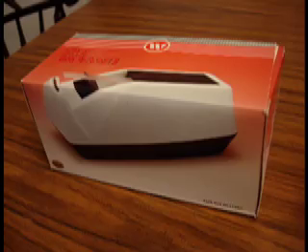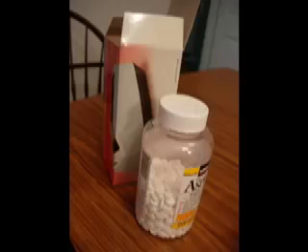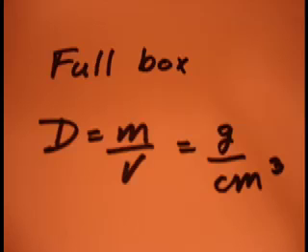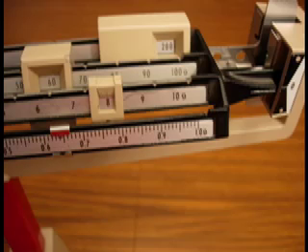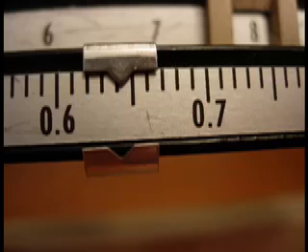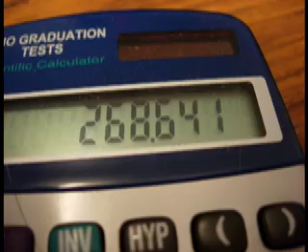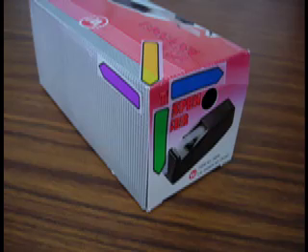One last density. Let's use the same box, but this time let's put a bottle of aspirin inside. Density will be mass over volume, or grams over centimeters cubed. We'll use the same volume. 268.641 grams, and the volume is the same.